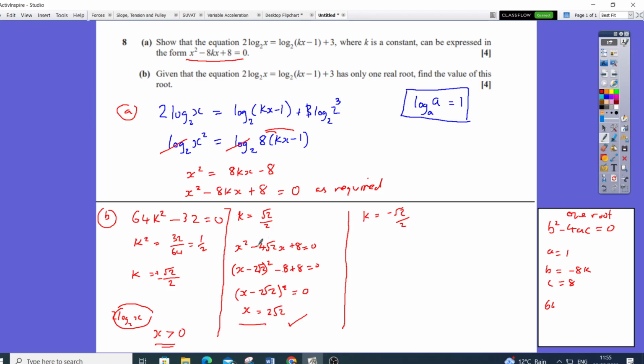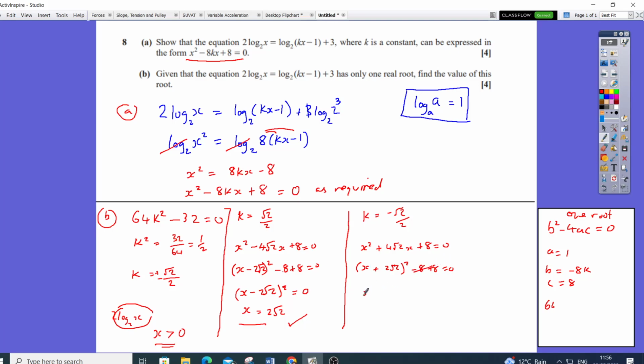But instead of the plus, that's going to end up being minus. 2 negatives make a positive, so you're going to end up with x squared plus 4 root 2 x plus 8 equals 0. Then when you factorize that, again you're going to get, but instead of the negative, you're going to get the positive. When you take that off, that's going to be minus 8 plus 8. They're going to cancel each other out.